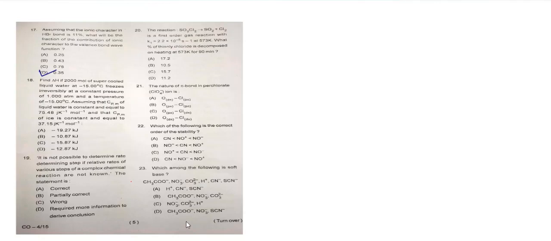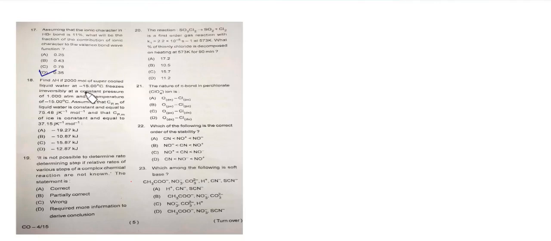The question is asking about enthalpy change, and it is a pure thermodynamic question. The enthalpy change is asked, and it is one of the special cases in thermodynamics. If you know it, then only you can solve the question, otherwise you will get a wrong answer.